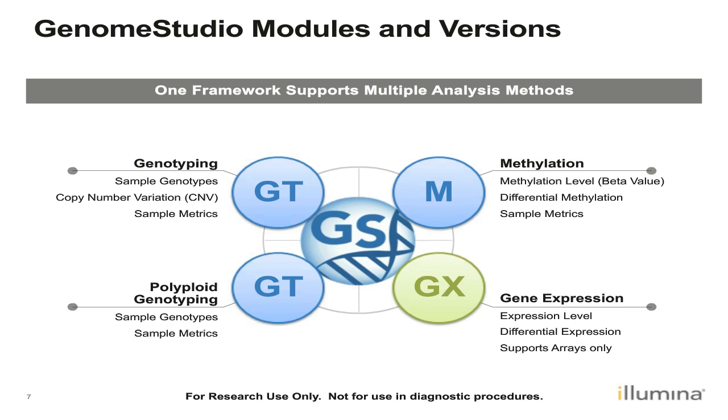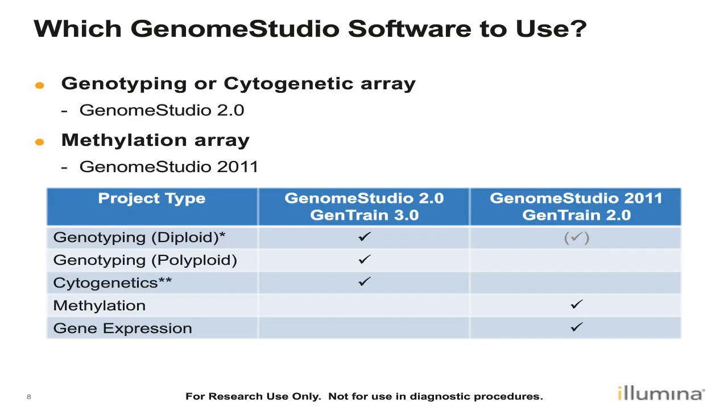So which GenomeStudio software should you use? If you are using a genotyping or cytogenetic array, we recommend using GenomeStudio 2.0. Even though both GenomeStudio 2011, which is the older version, and GenomeStudio 2.0, which is the newer version, have a genotyping module, we recommend using GenomeStudio 2.0 because it uses the latest GenTrain 3.0 clustering algorithm, which is a more improved algorithm compared to the older one used by GenomeStudio 2011.